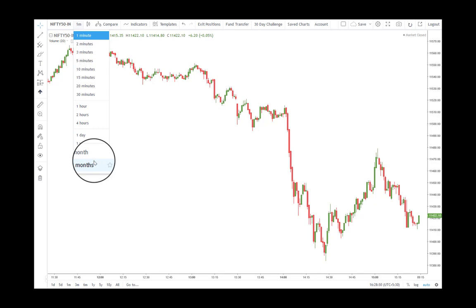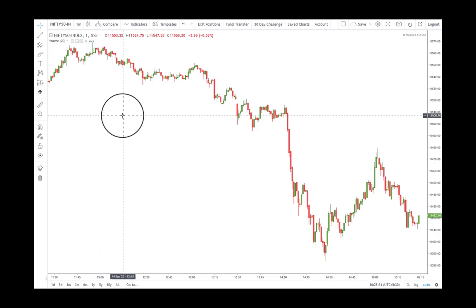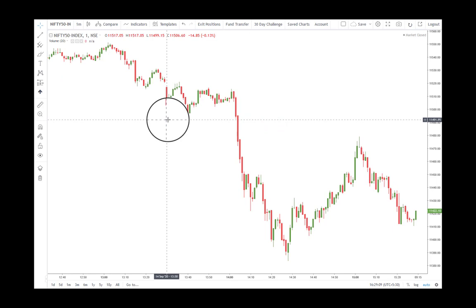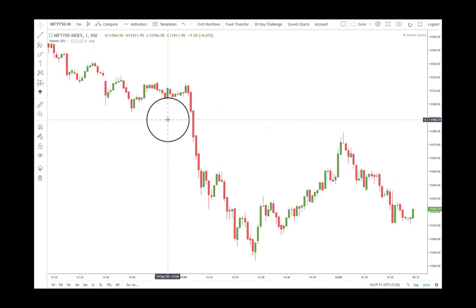Among these, let us select the 1 minute time frame. Doing so would display the 1 minute time frame chart for the chosen security. In this case, each candle shows the price statistic of each 1 minute period that the security trades.